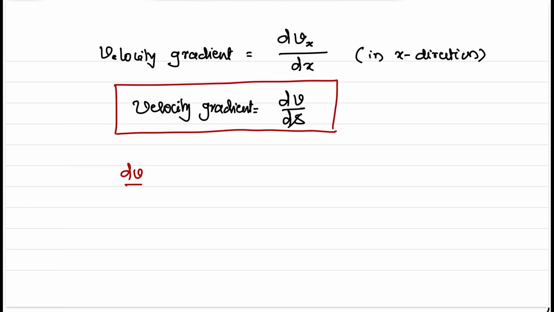dv by dt is equal to, acceleration is equal to dv by dt. That is equal to dv by ds into ds by dt. So that ds gets cancelled.